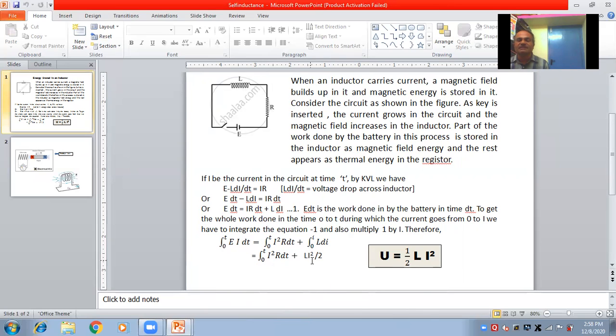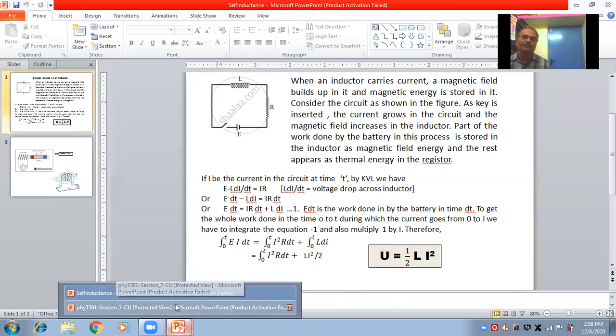So this energy will be stored in the inductor in the form of potential energy, and that is represented as U. Therefore this U is equal to 1 by 2 L I square. So we got an expression for the energy stored in the inductor.